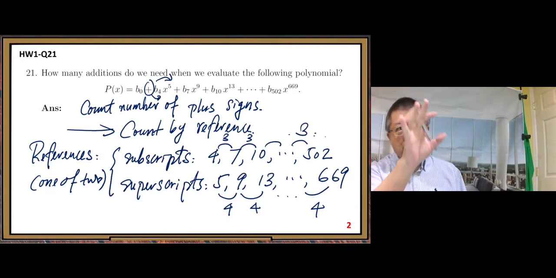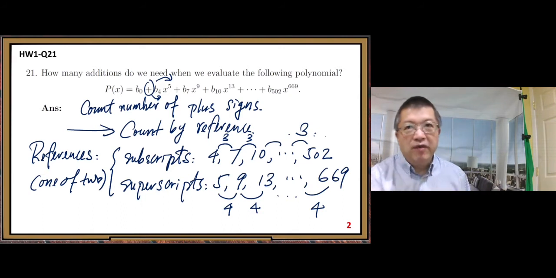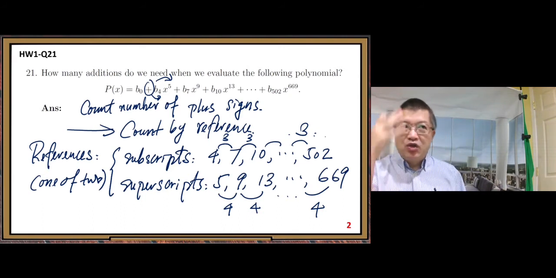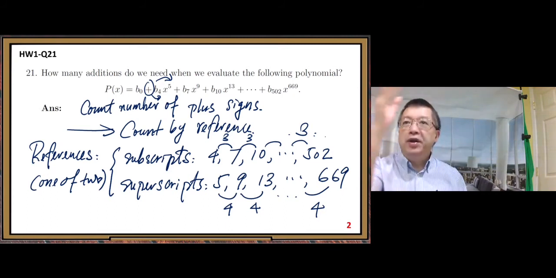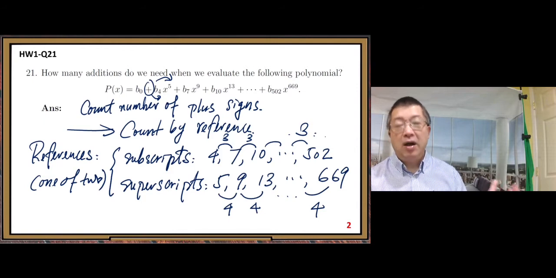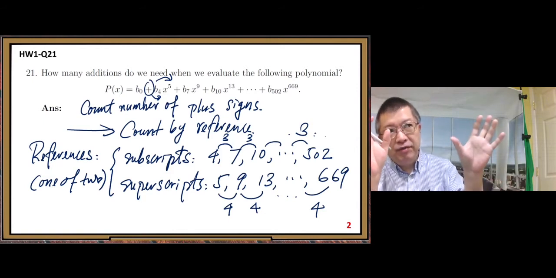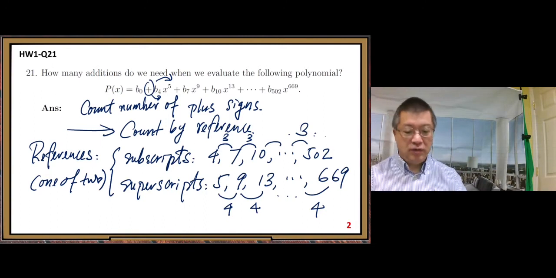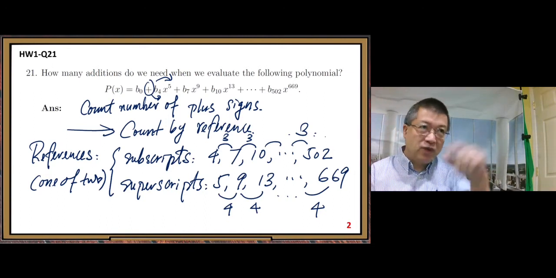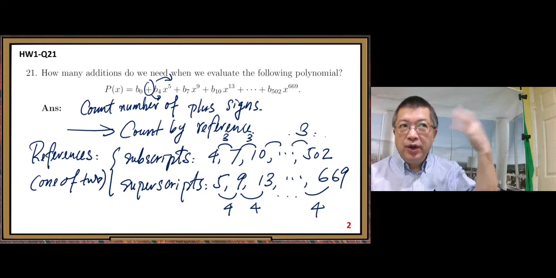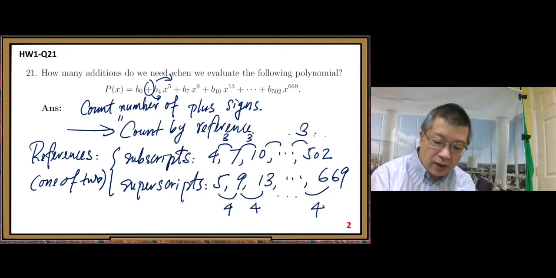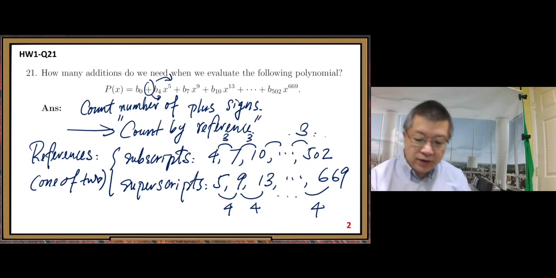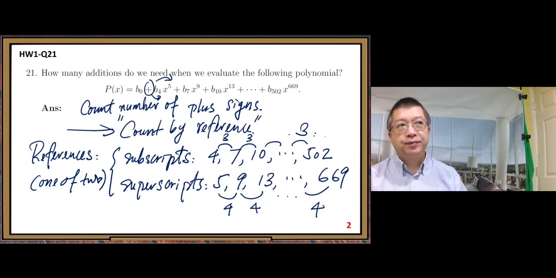Based on that observation, try to count the number of subscripts or the number of superscripts. Then you get the answer, the number of additions. Just check if you can use our count by reference technique.